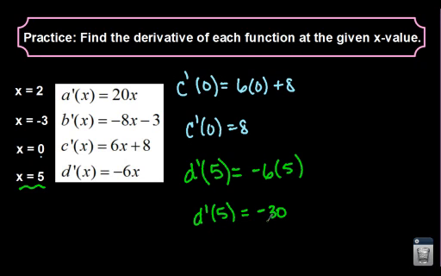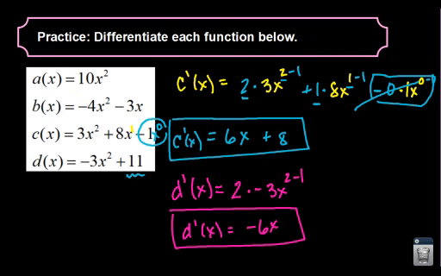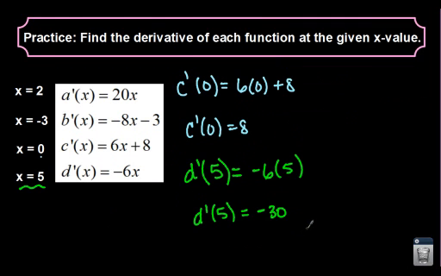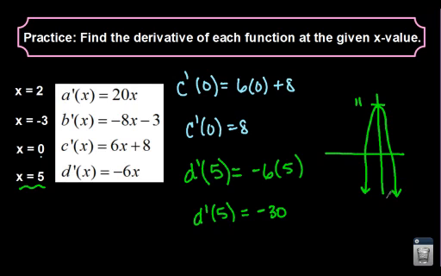So, I forget what my original function looked like, so I'm just going to sketch this out for us. It was negative 3x squared plus 11, so hopefully you remember that. The negative turns this upside down. We're up 11 units, like this, and it's skinnier than the normal parabola. So what this says is that when x equals 5, our slope is negative 30 of our tangent.